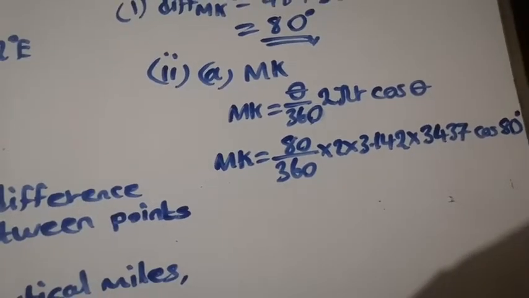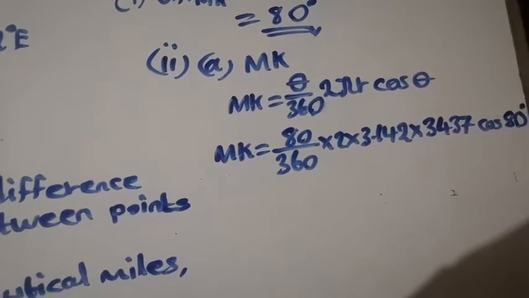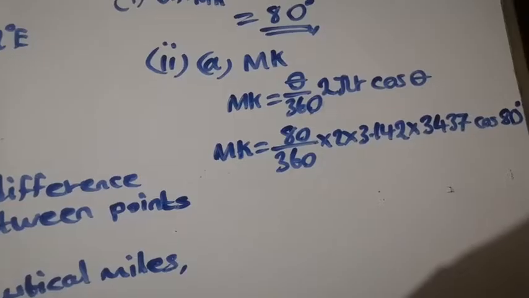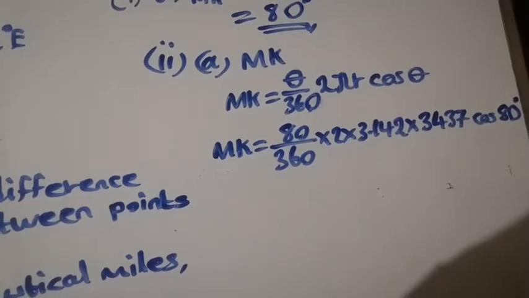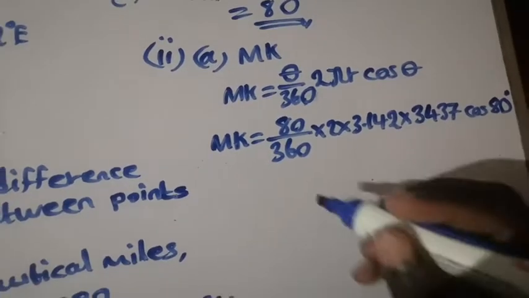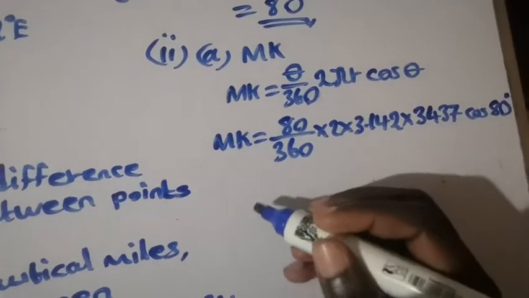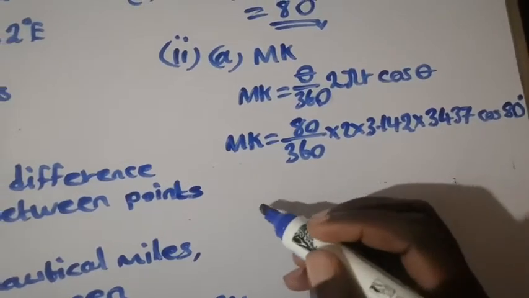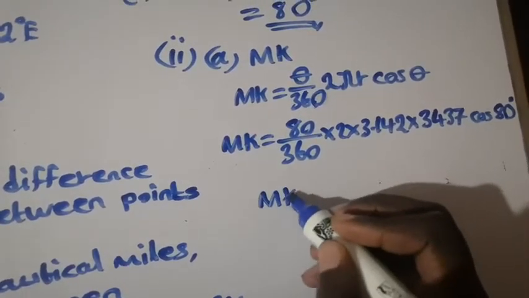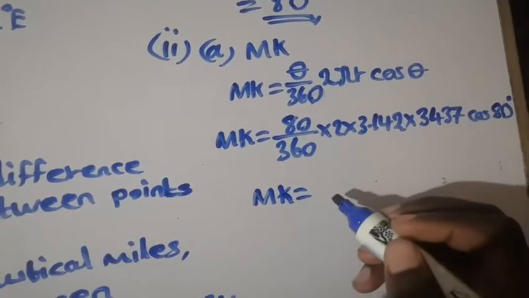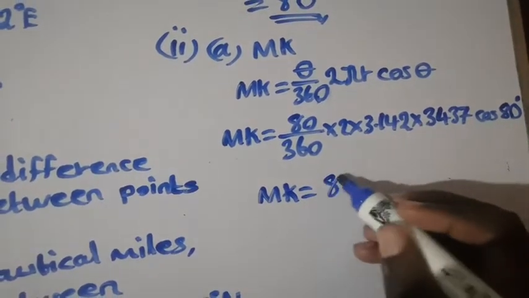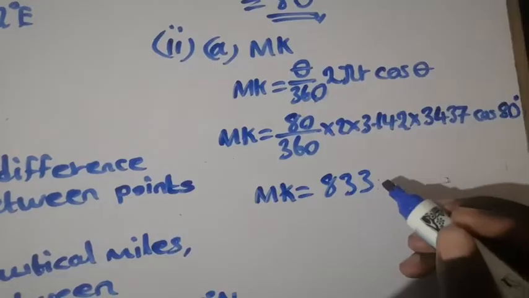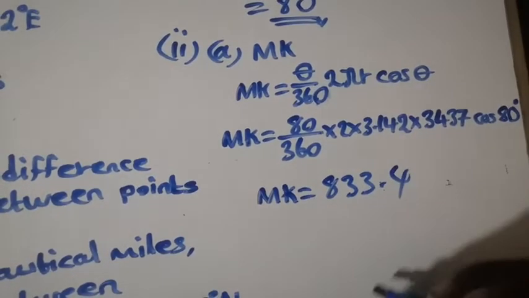Now we have to punch these in. At this stage you have to get your calculator and punch everything in. Mine is giving me 833.4.